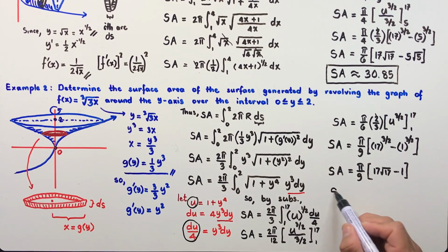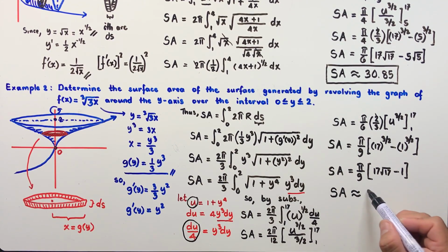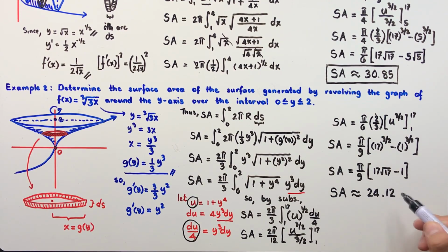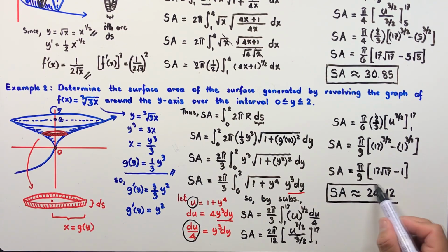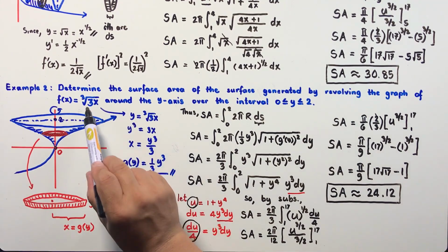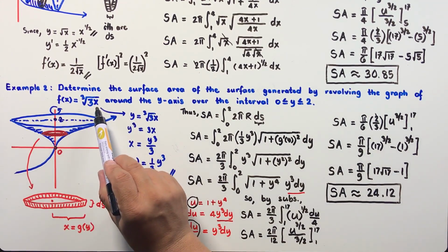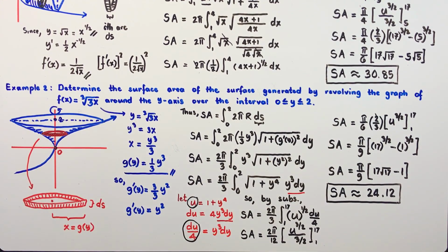And you can use your calculator that this surface area is approximately equal to 24.12. And this is our surface area of the surface of revolution when we revolve this cube root of 3x about the y-axis over the interval from 0 to 2 in the y.